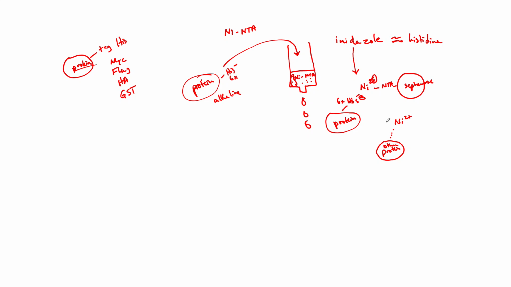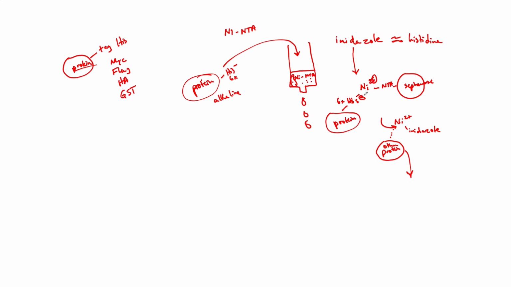That imidazole will basically replace that protein being bound to nickel and allow that protein to flow through, so that then the imidazole is bound instead. So it'll outcompete the protein for access to the nickel, and that'll allow the protein to flow through, but the imidazole won't be strong enough, because we're going to add it at low concentrations.